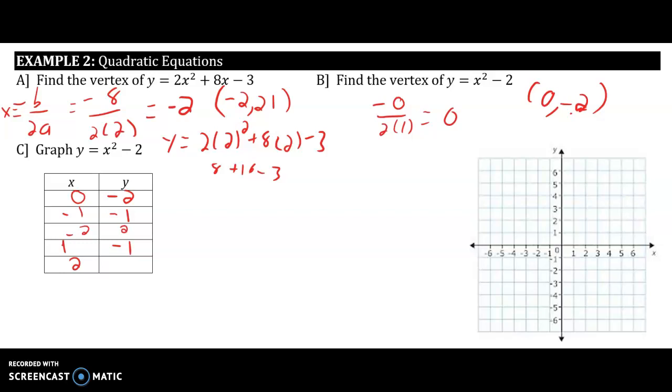Plug in 2, get 4 minus 2, which is 2 as well. Then on our graph, we can plot 0, negative 2; 1, negative 1; negative 1, negative 1; and then 2, 2; and negative 2, 2. So the best that I can do there for that graph is that. So there's my graph.